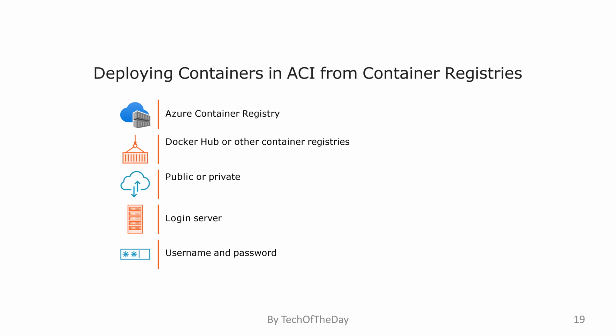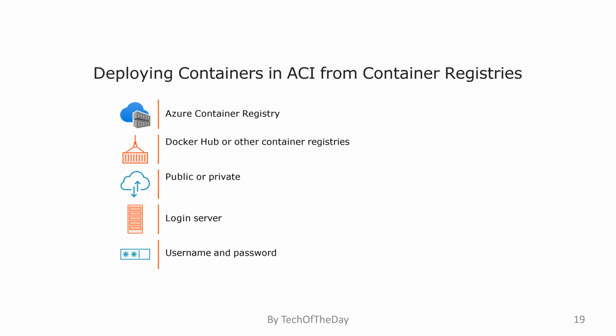To authenticate to our Azure Container Registry, we need to tell Azure Container Instance two key elements when we deploy. The network location of the login server for our container registry, which we learned how to find when we deployed our Azure Container Registry earlier in this module. And the second element that we need is authentication credentials, specifically a username and password that has the appropriate role-based access control rights to pull an image from our container registry.